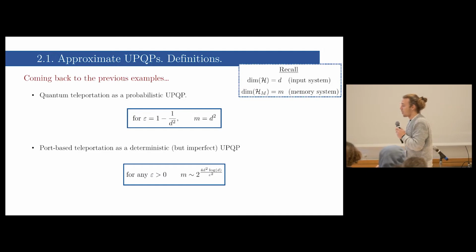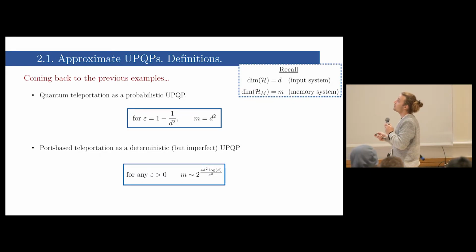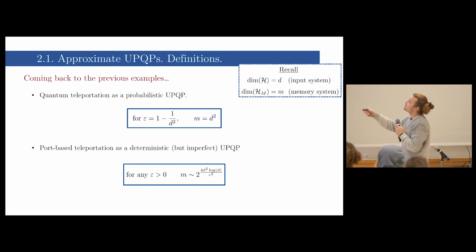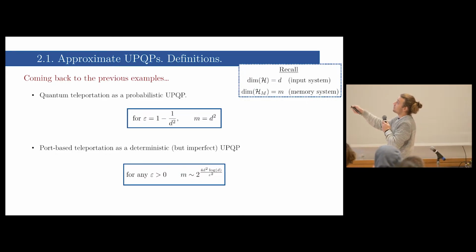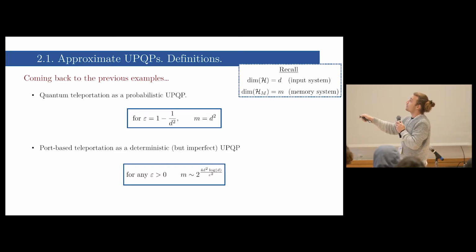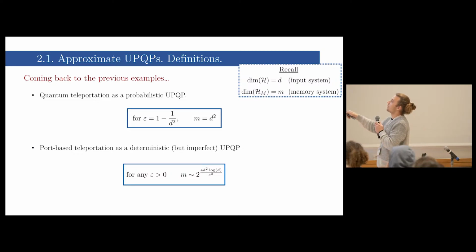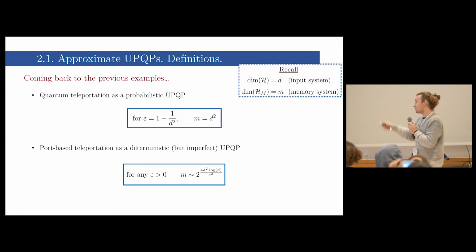If we come back to our examples and consider these definitions there, we obtain that in the first case we had an epsilon UPQP with a very efficient memory consumption, but with a very poor error, which goes to 1 when D grows.